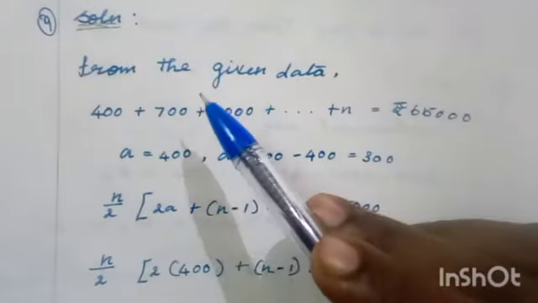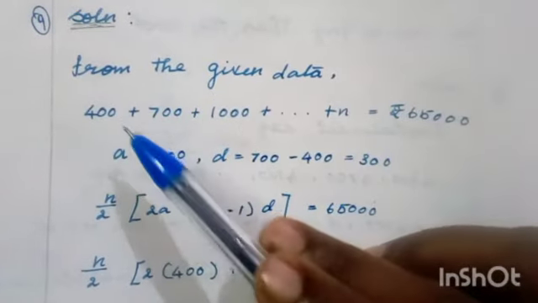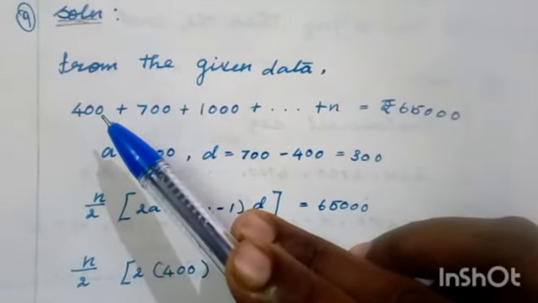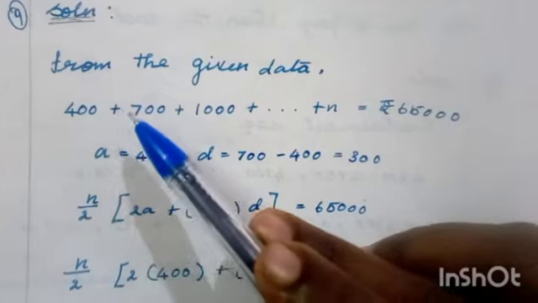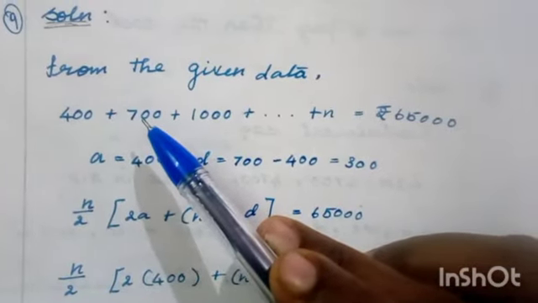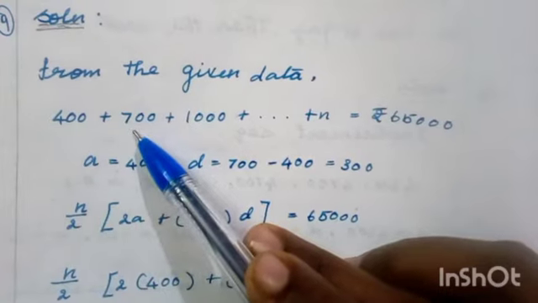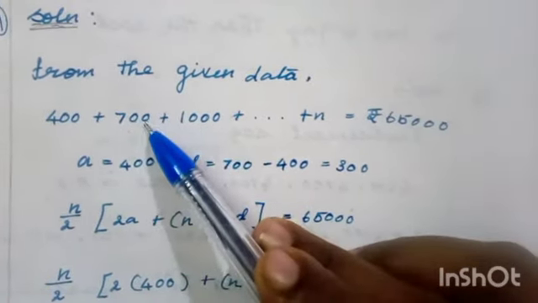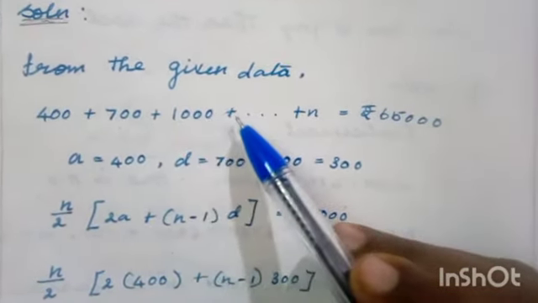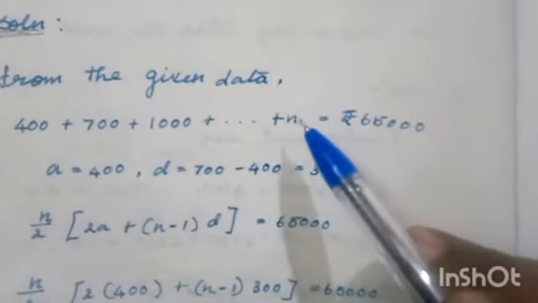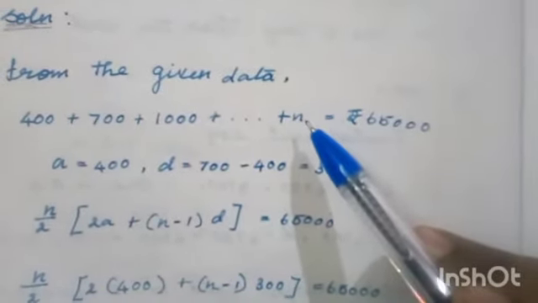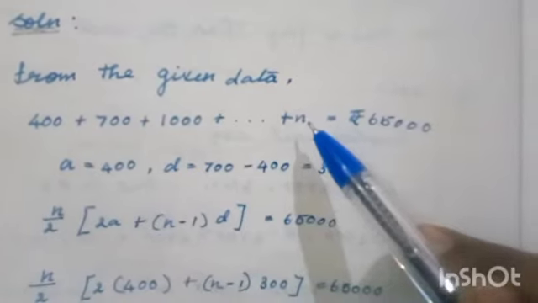From the given question, you make a series. The first month amount is 400, plus the second month, every month 300 is increased, so 400 plus 300 is 700. Then the third month, 700 plus 300 equal to 1,000, plus etc. up to n. The number of months is unknown, so you have to use n.